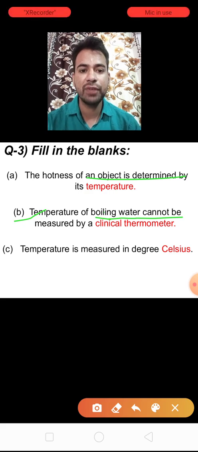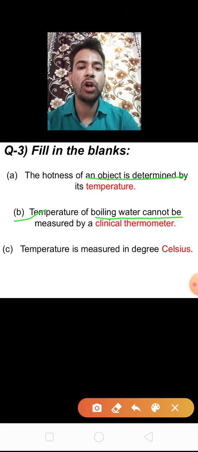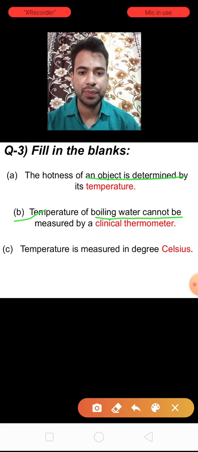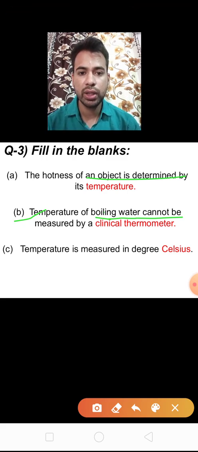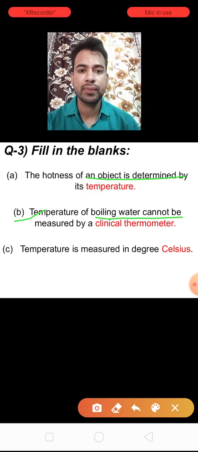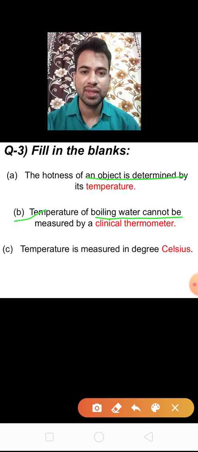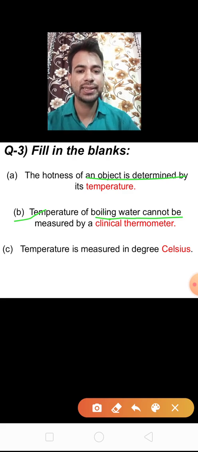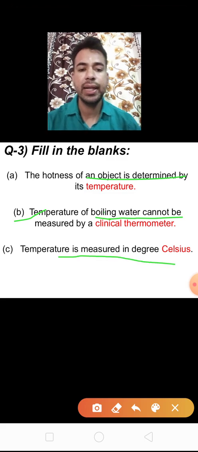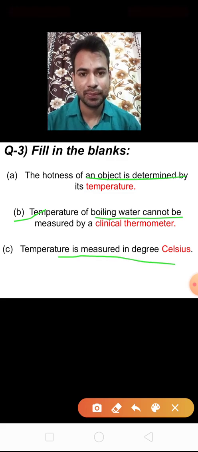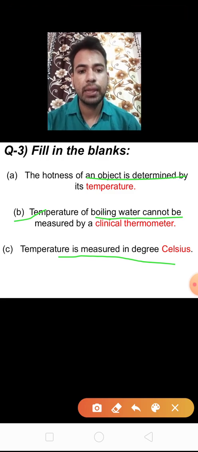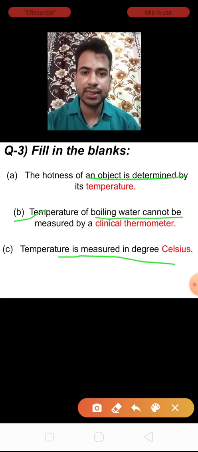Next, temperature is basically measured in degrees Celsius.